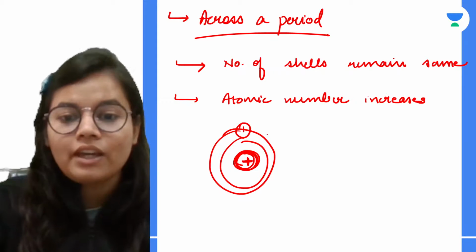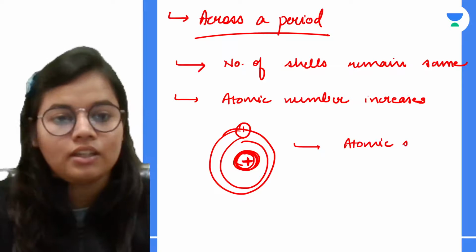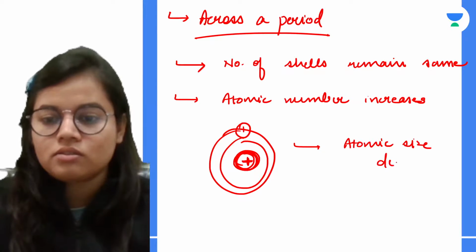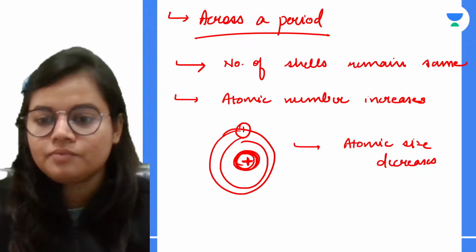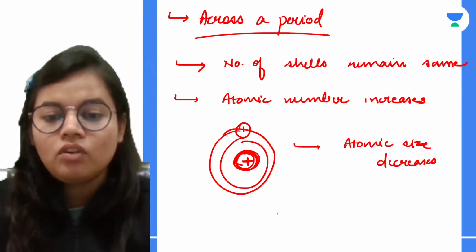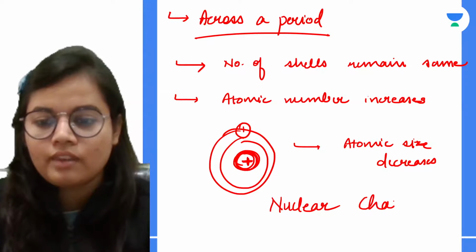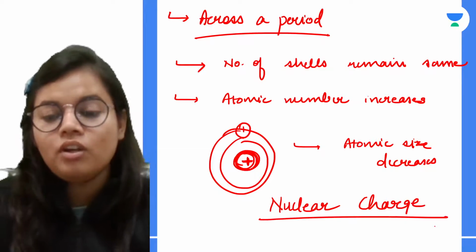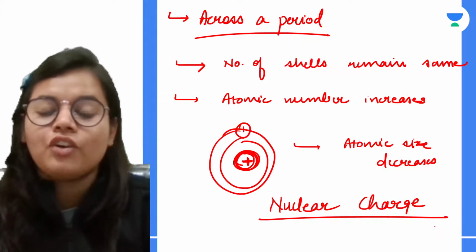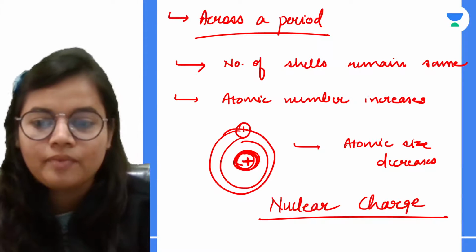So as we are moving across a period, what happened? The atomic size decreases. Got it? The reason for this is the nuclear charge. The nuclear pull is responsible for the decrease in size as we are moving across a period.